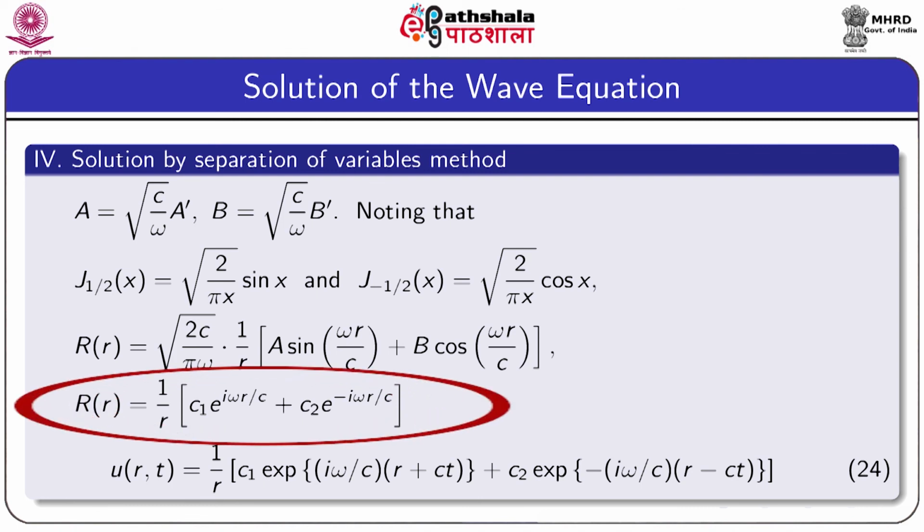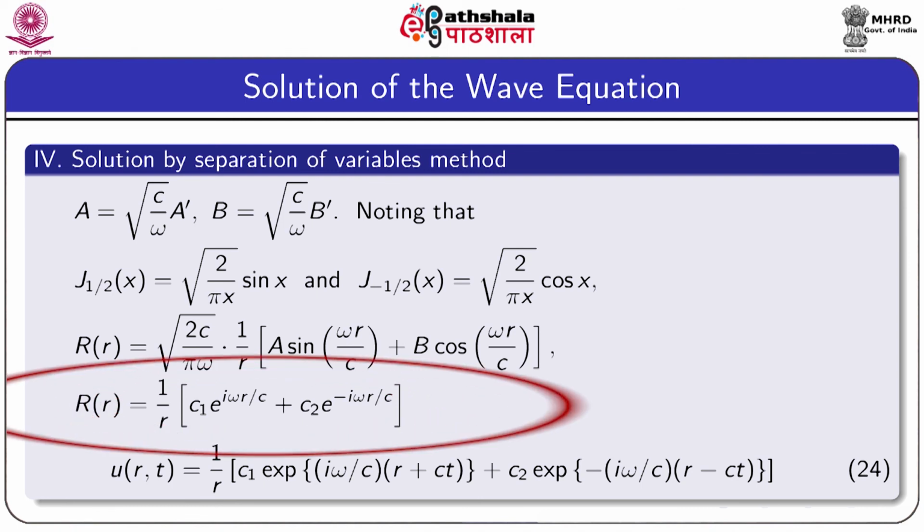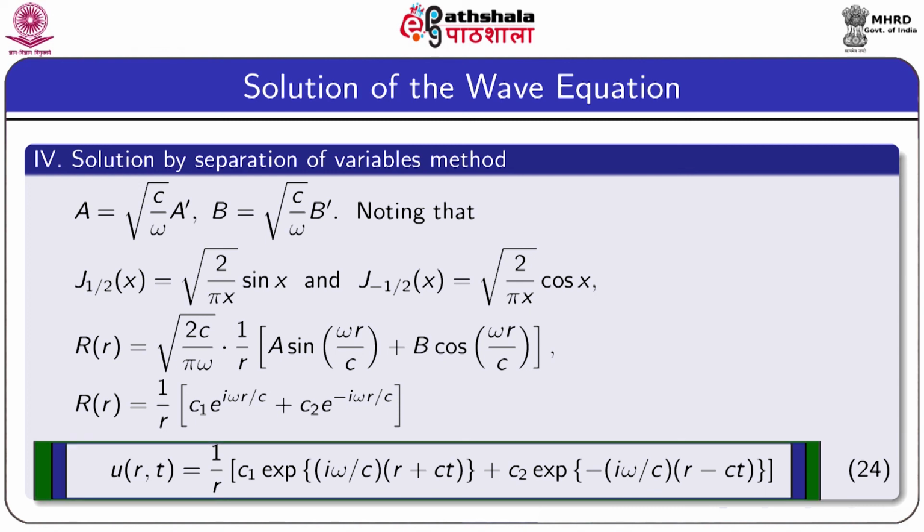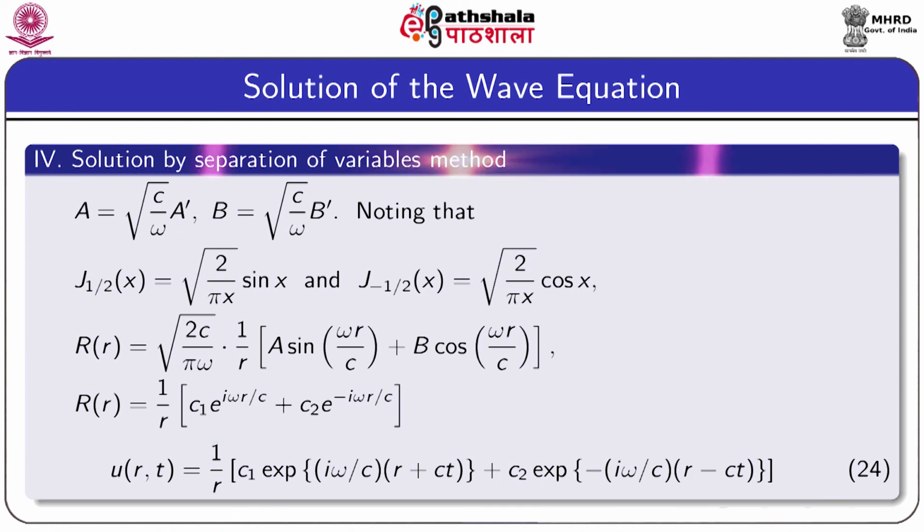Capital R equals 1 by r [C1 e to the power i omega r by c plus C2 e to the power minus i omega r by c]. So, in complex form the expression for u can be written as 1 by r [C1 e to the power i omega by c (r plus ct) plus C2 e to the power minus i omega by c (r minus ct)]. This is the solution of the wave equation in the spherical polar coordinate system.